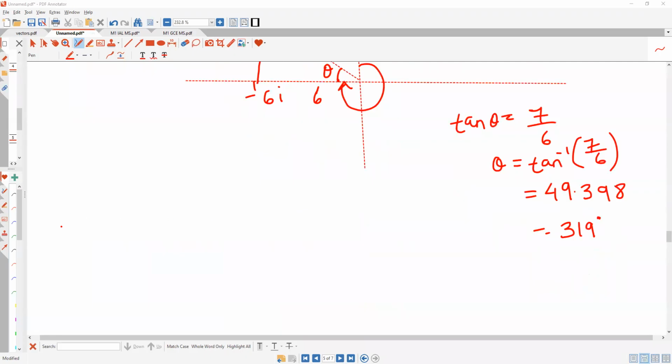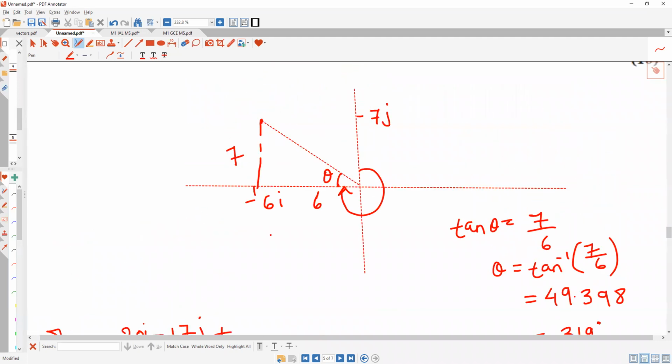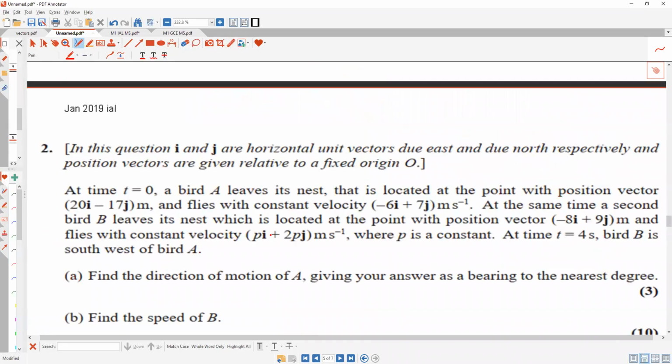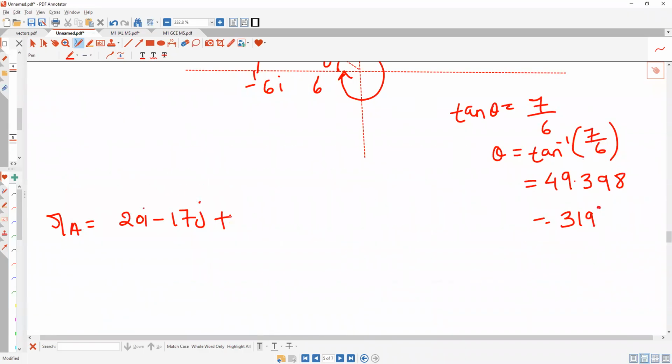Using the formula r equals r0 plus v times t, it flies with constant velocity minus 6i plus 7j, into t. So this is your rA.